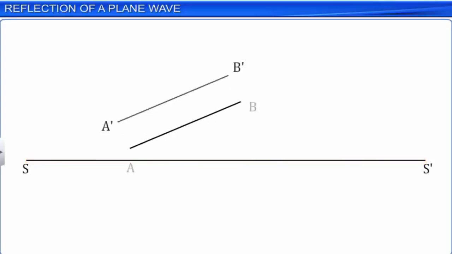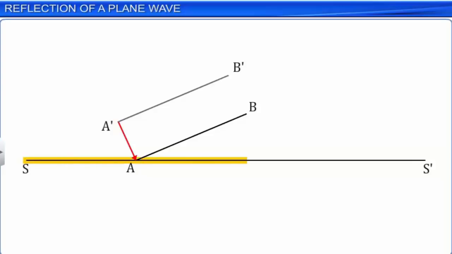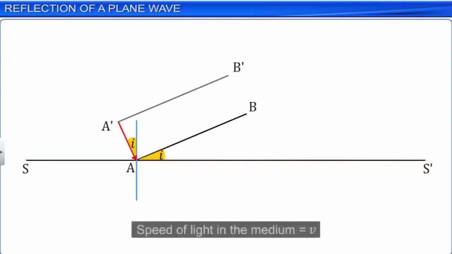Let AB be the position of the wavefront when it just touches the reflecting surface at the instance t is equal to 0. A' gives the direction of propagation of the wavefront, and let us assume that the wavefront is incident on the surface SS' at an angle I, and the speed of the light in the given medium is v.